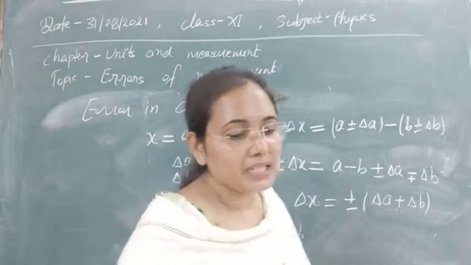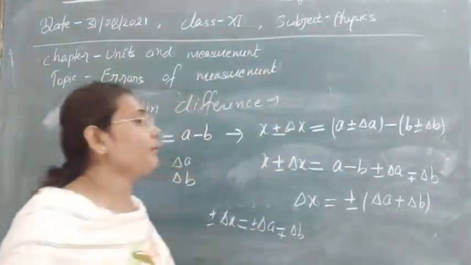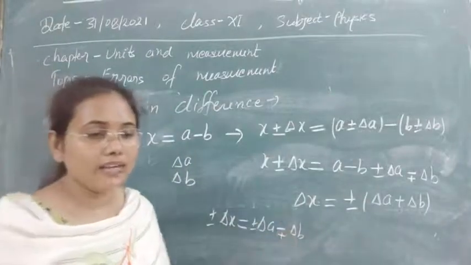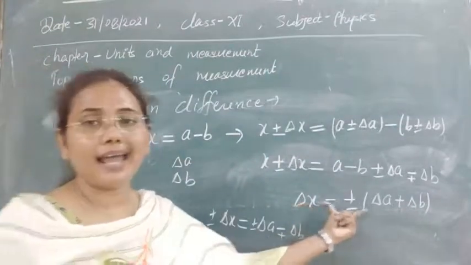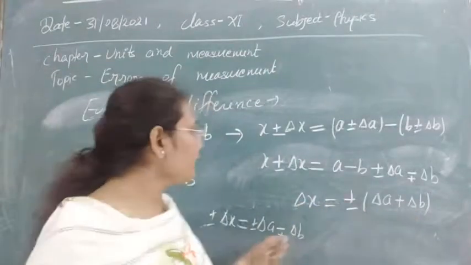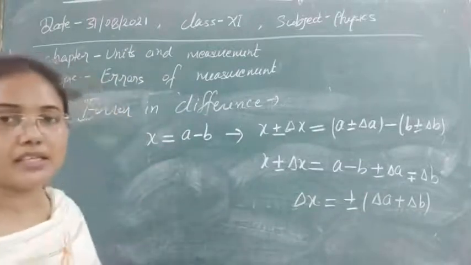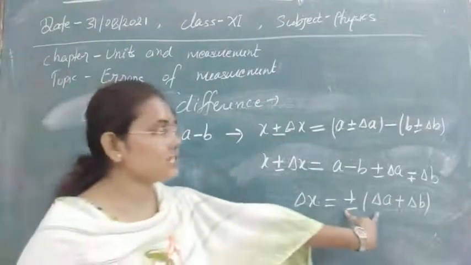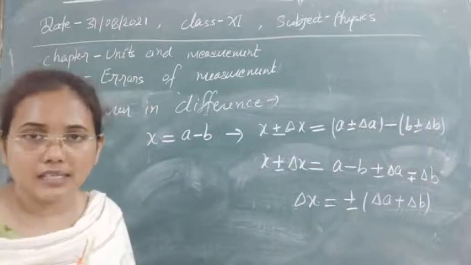So here the maximum possible error can be observed only for Δa + Δb. We are always taking the maximum possible error, so that's why we can write Δx in terms of this one. In our experiments, in our error measurement, in a difference, this is the maximum possible error, and that is equal to the error in a sum also.